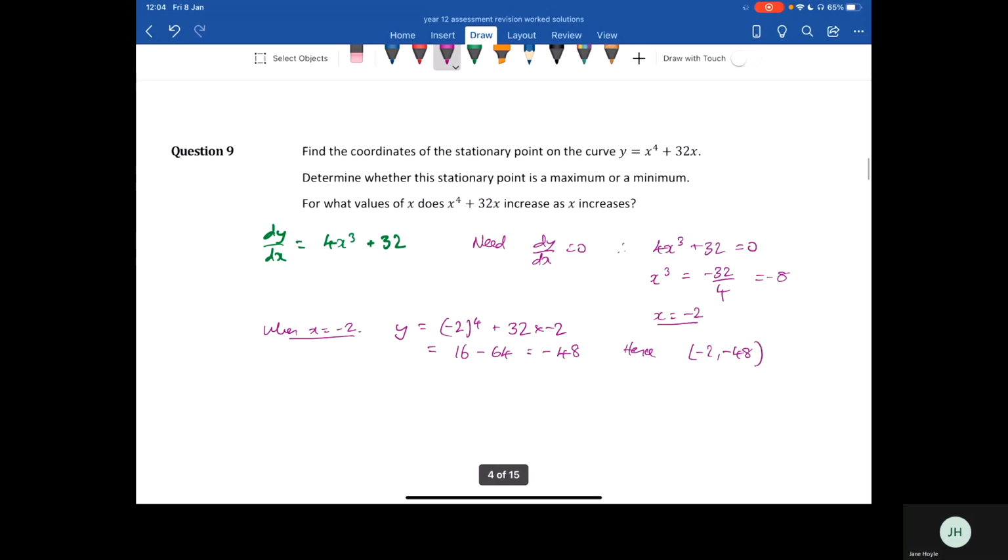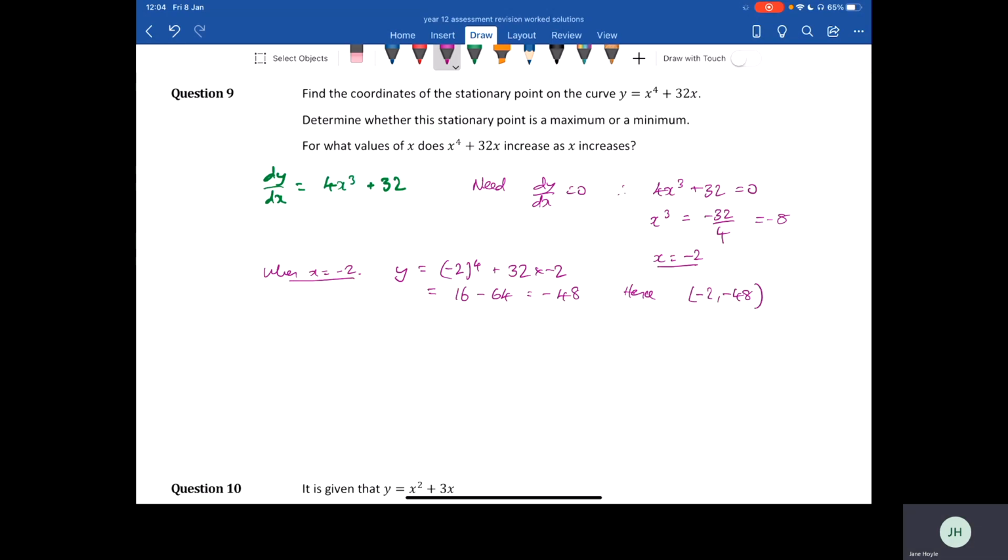Moving on. Find the coordinates. Oh, determine whether this stationary point is a max or a min. So I should call that part A, and this part B. I need to find d2y by dx squared. So if I look up to this here, I'm differentiating that again. 4 3s are 12, so it's just 12x squared.